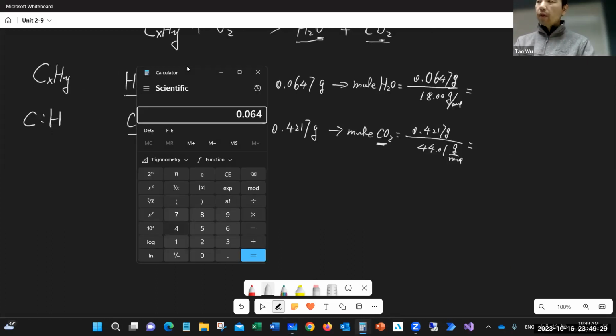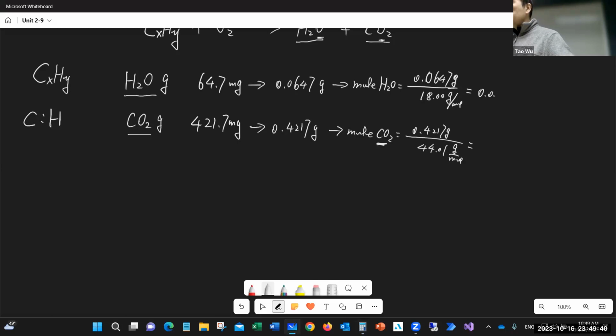0.0647 divided by 18, you got 0.003594. And that is a mole of the water. Remember, very important, that's a mole of water.